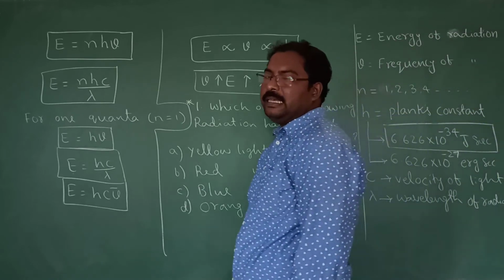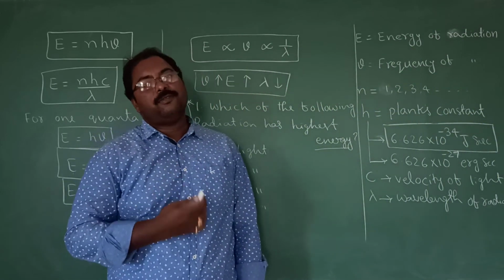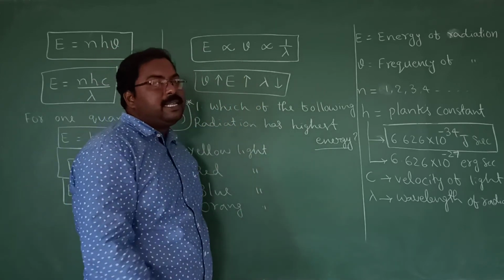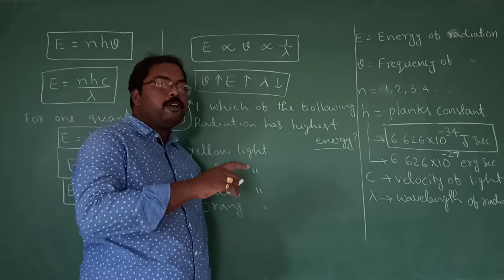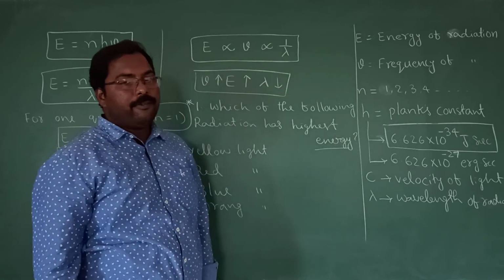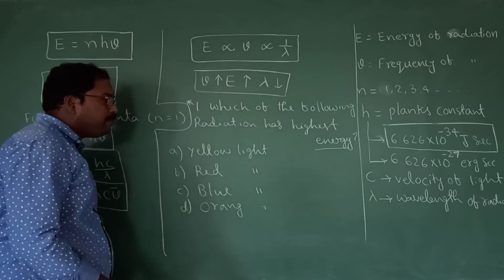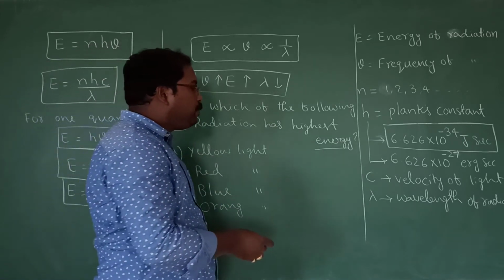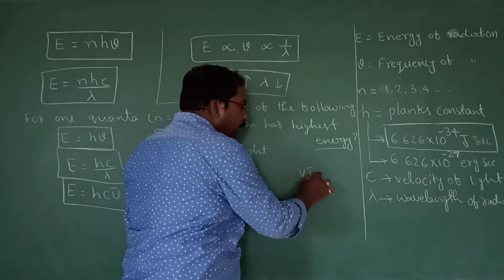Somebody may think that you did not explain the energy of this radiation. No. Previously we discussed VIBGYOR. In the VIBGYOR, that is the increasing order of their wavelength. So, we know about all these in the order of VIBGYOR. I hope you remember this one, VIBGYOR.